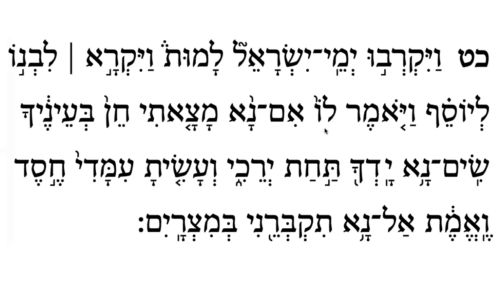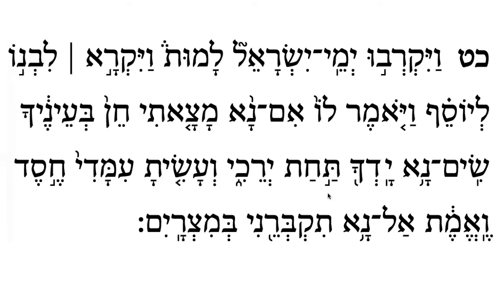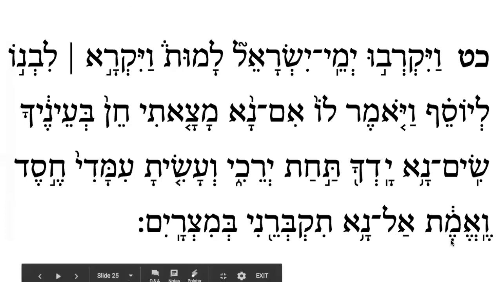Vayomer lo, and he said to him, im na, if please, matsati chen, I have found favor, be'einecha, in your eyes, simna, please put, yadecha, your hand, tachat yerechi, under my thigh, ve'asita imadi, and deal with me, chesed ve'emet, with kindness and truth, al na, do not please, tikbereni, bury me, b'mitzrayim, in Egypt.